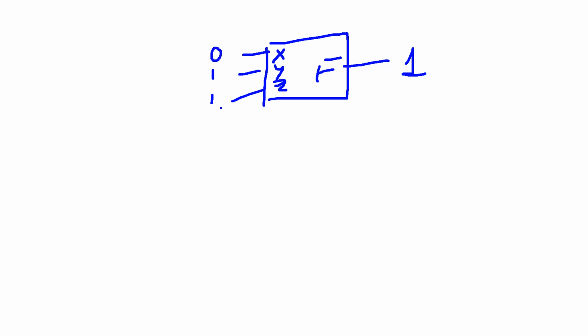Okay, let's do one more example. X, Y, Z. How about this? If I want the function to be only one case when the input x, y, z is 0, 1, 1. How about this? Yeah, it's x prime and y and z, right?